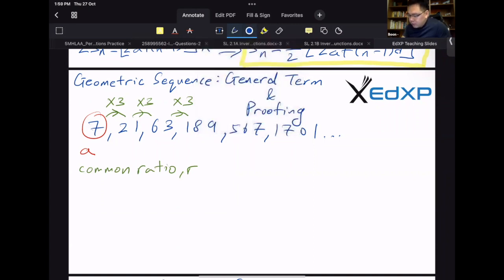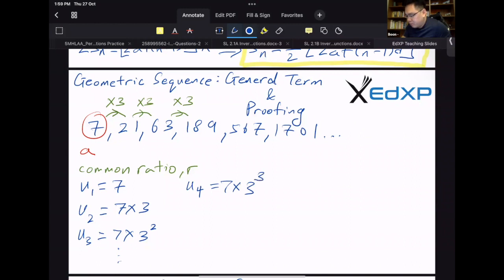Similarly, we can list out the terms. You can see that u1, the first term, is obviously 7. The second term is actually 7 times 3, or 21. The third term is 7 times 3 times 3. Maybe let's do a bit more. The fourth term is 7 times 3 times 3 times 3, so that's 3 cubed.